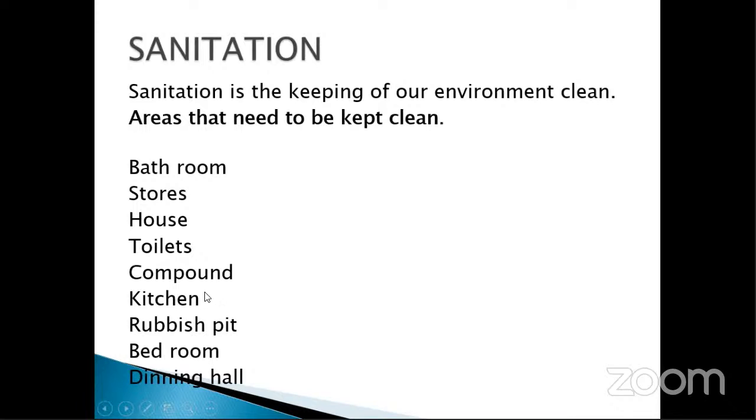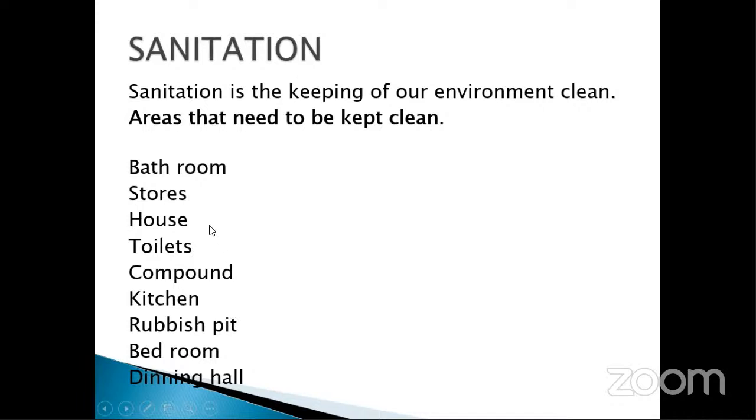One of the places which needs to be cleaned is the bathroom. Another place that needs to be cleaned is the store. Another is the house. Another is the toilet. Another is our compound, the kitchen, the rubbish pit, the bedroom, and then the dining hall.